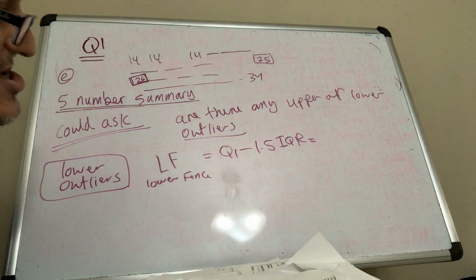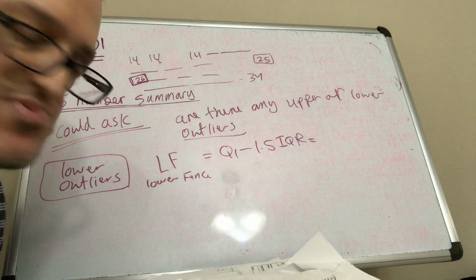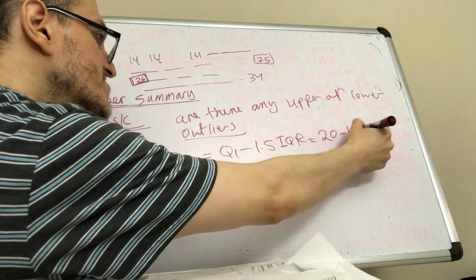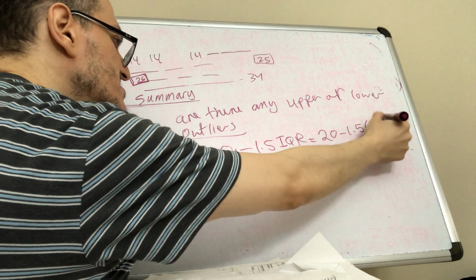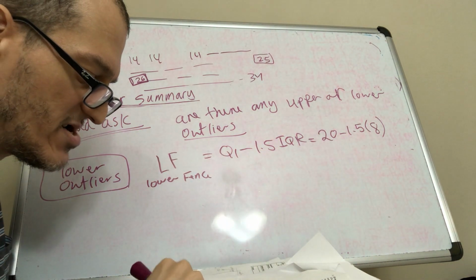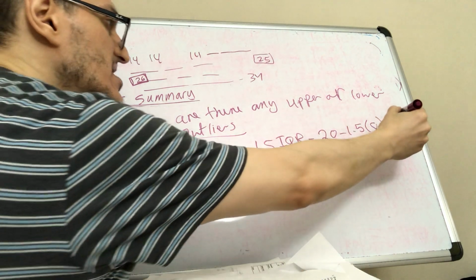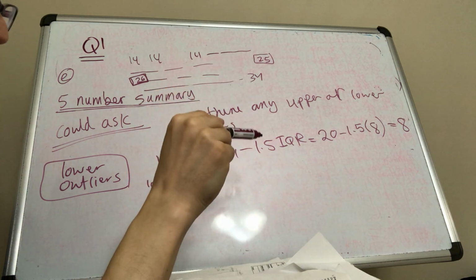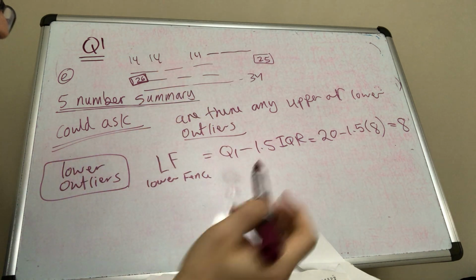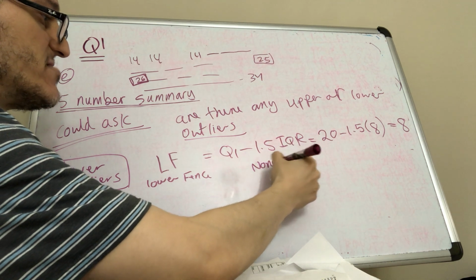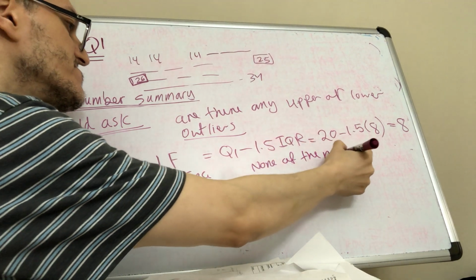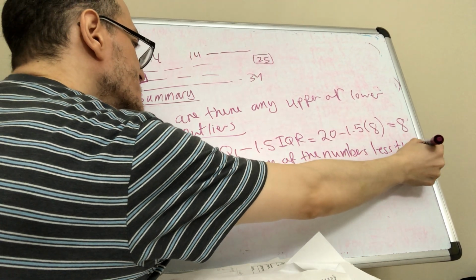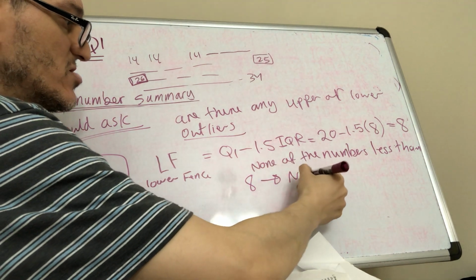That's standard. That's a rule. Q1 minus 1.5 IQR. Remember, Q1 is 20, and IQR we found to be 8. So 20 minus 1.5 times 8 gives you 8. If any of the numbers are less than 8, we have lower outliers. None of the numbers are less than 8. No lower outliers.